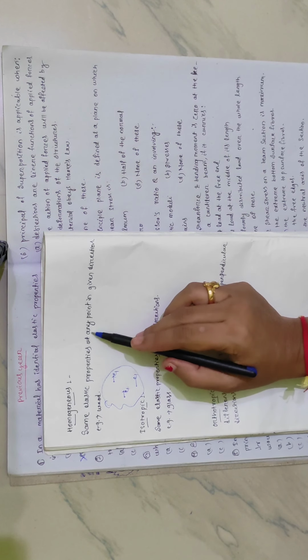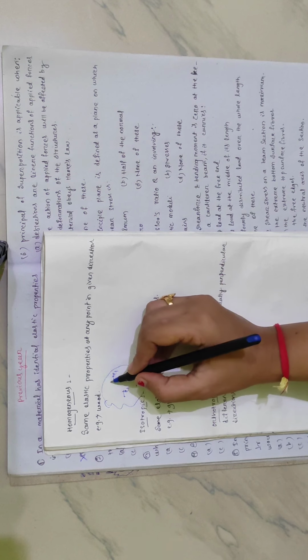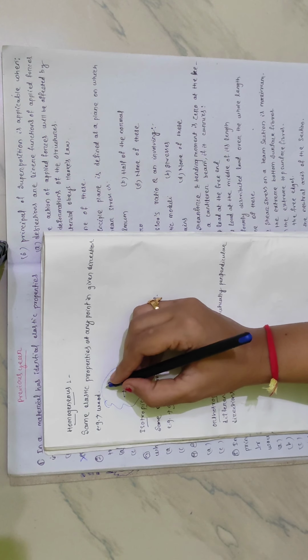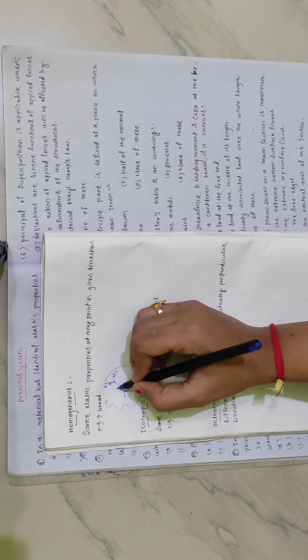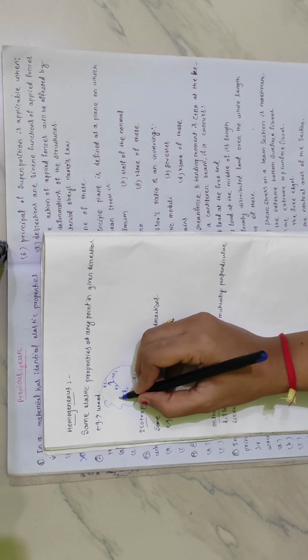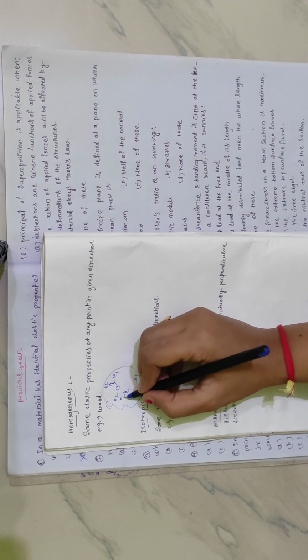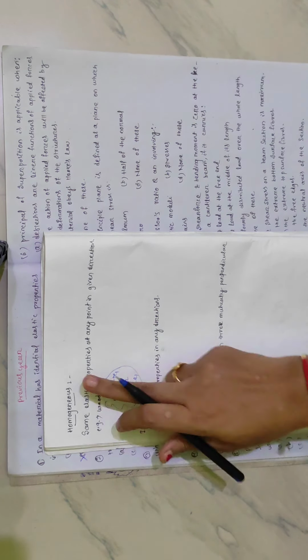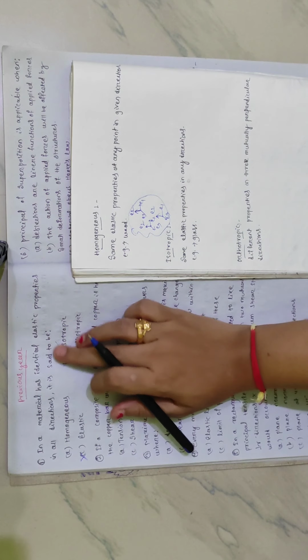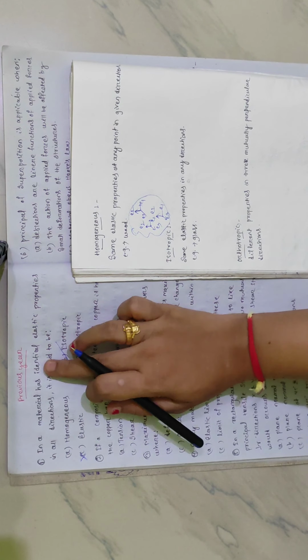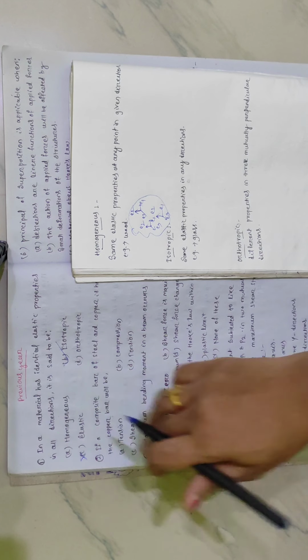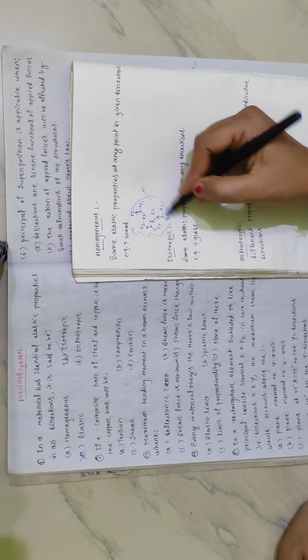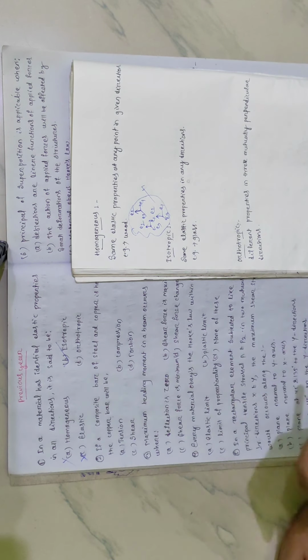Same elastic properties at any point in a given direction means it should be E2 or E3, here E2, here E3. But in all directions it should not obey this. So homogeneous is not the correct answer.